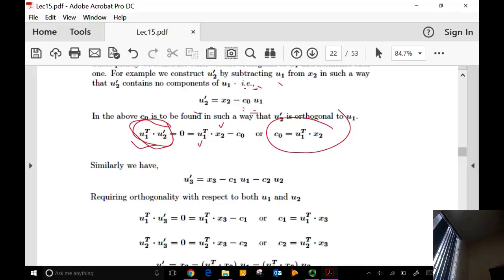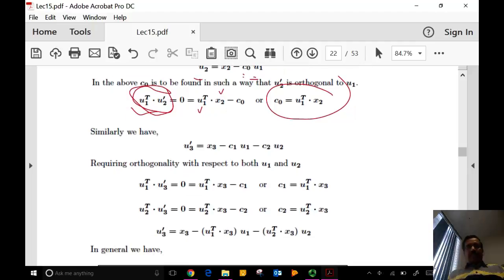You would impose two conditions. The two conditions are u3 must be perpendicular to u1 and u3 must be perpendicular to u2. Right? So you take that equation, take the dot product with u1, you get this, take the dot product with u2, you get this. That gives you c1 and c2. Okay, so the unknowns in the sequence are just these coefficients, c1, c2, c3, etc., and they are determined to construct this series of vectors, U3 prime.